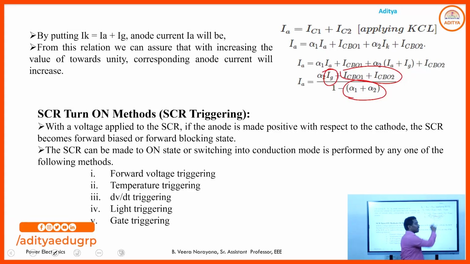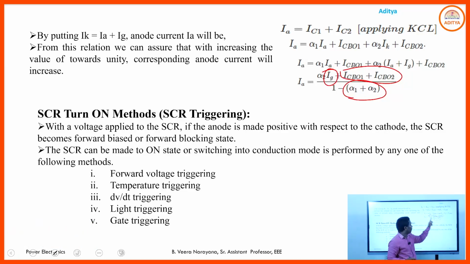If you increase alpha 1 plus alpha 2 to unity, that is 1 minus 1, then IA is infinity. So a very high amount of current will flow through the SCR. So by controlling these three parameters, we are able to bring the SCR from forward blocking state to forward conducting state.